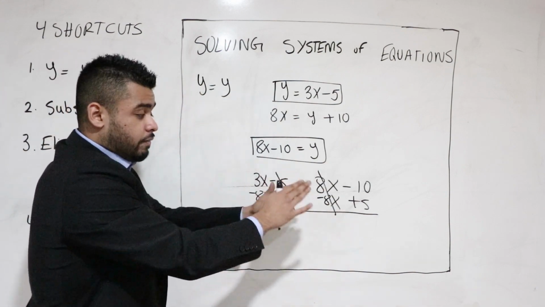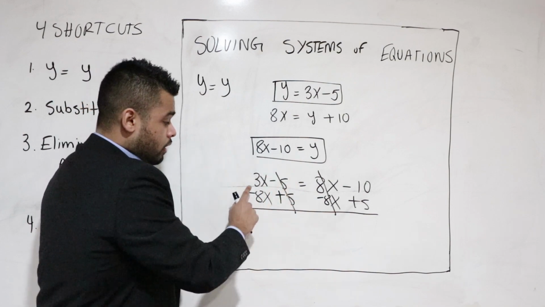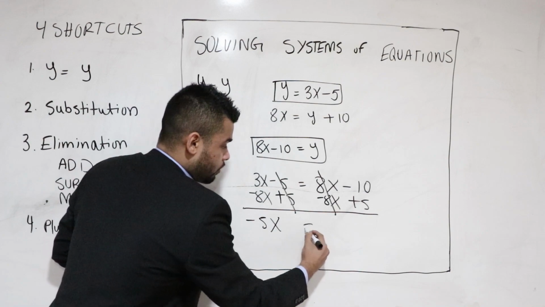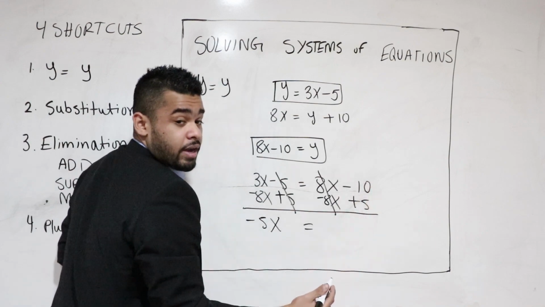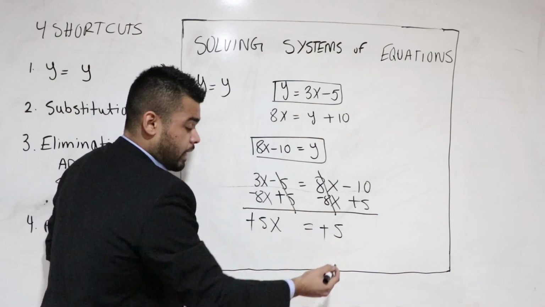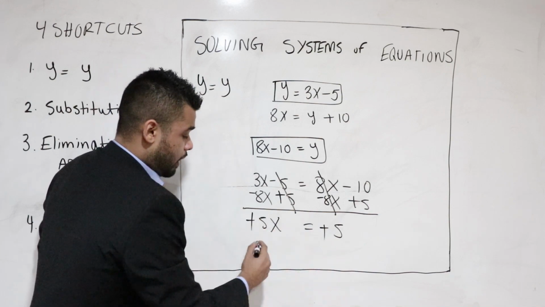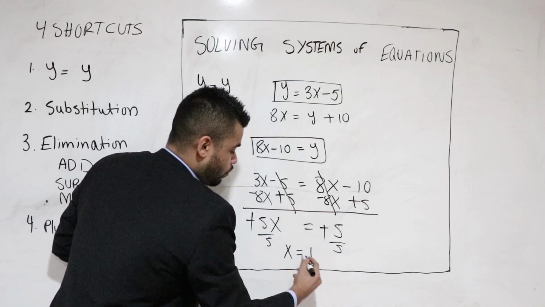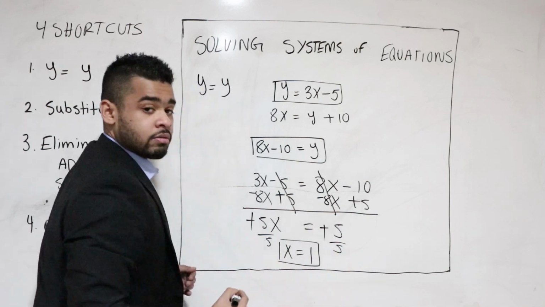Focus on the left side, then focus on the right side, one at a time. 3x minus 8x is negative 5x, equals negative 10 plus 5, which is negative 5. Minus and minus are gone. You divide both sides by 5, and x equals 1. We just found x.